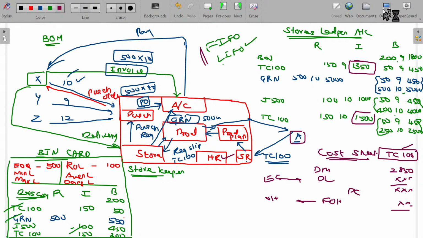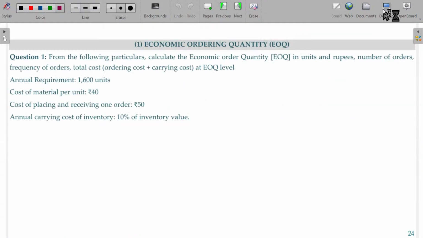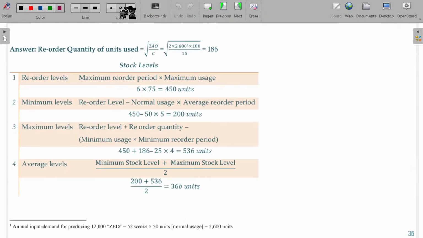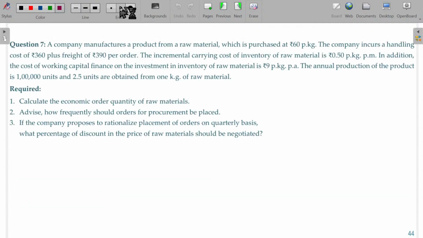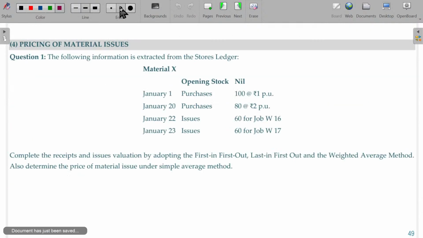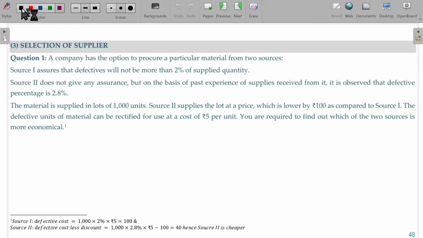Now, we'll start with determination of supplier, choosing the supplier, selection of supplier. Okay. A company has the option to procure a particular material from two sources.